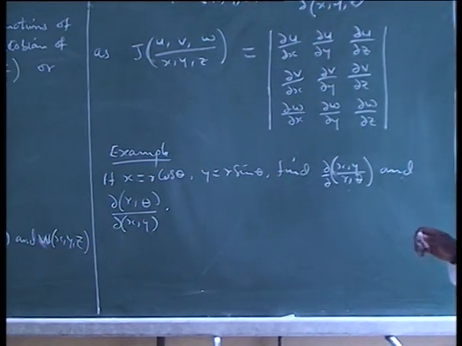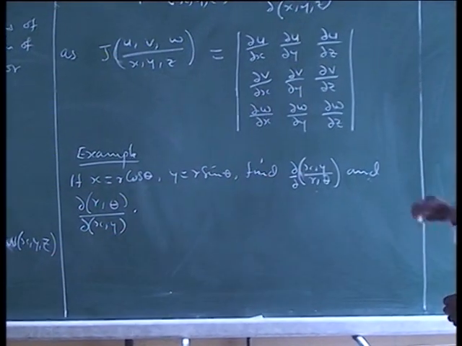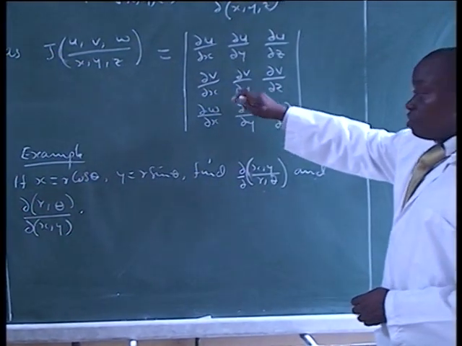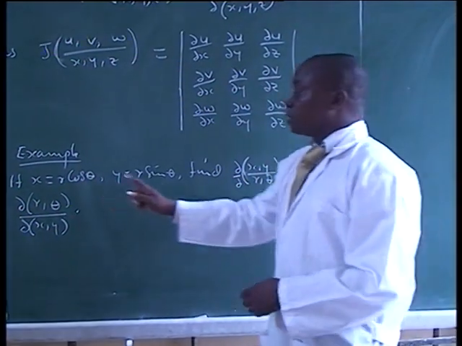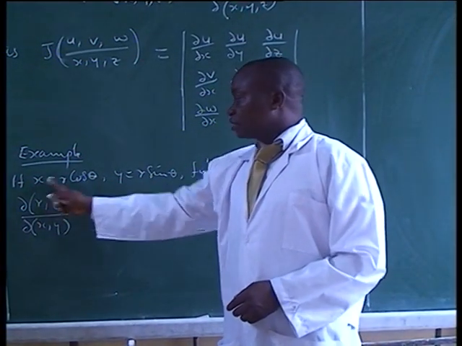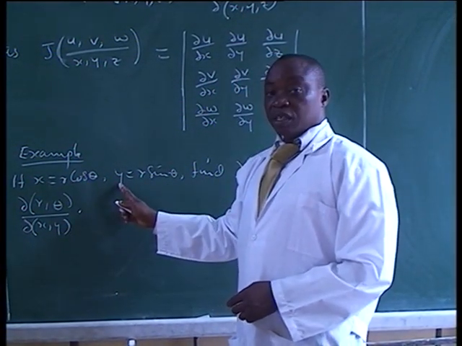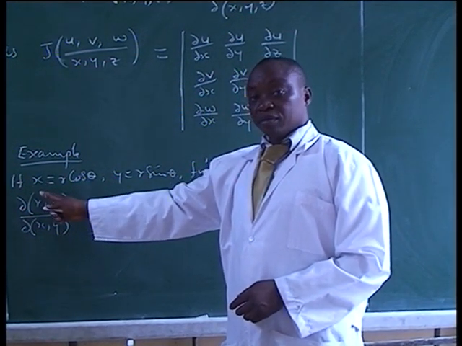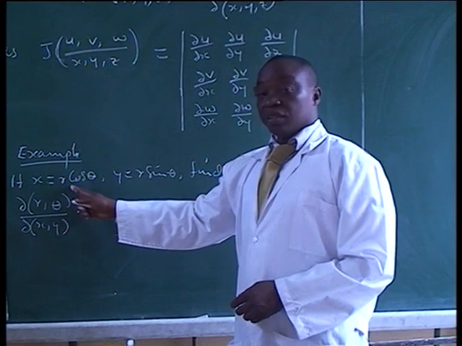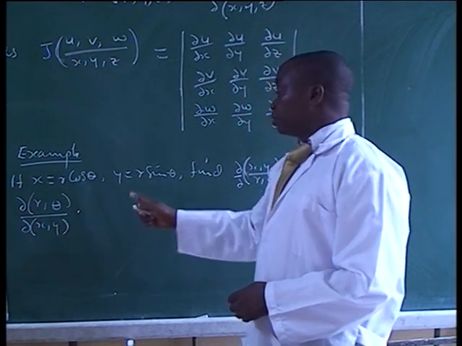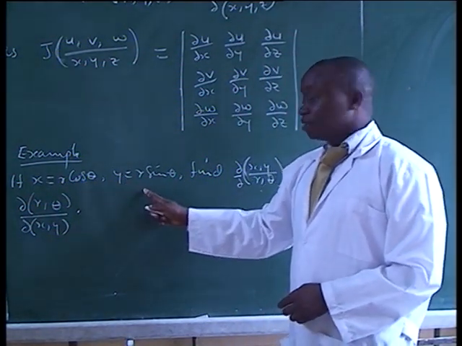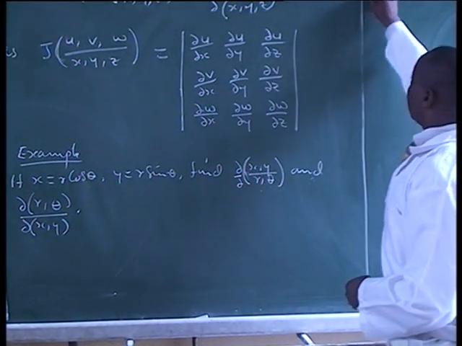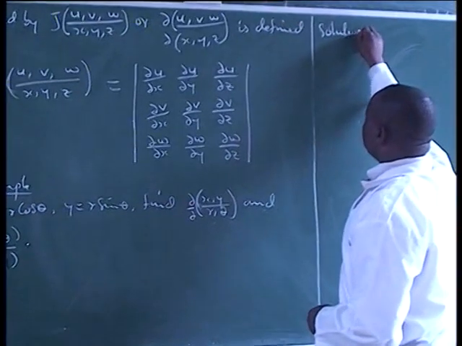Now we are going to take this example based on what we have to find the Jacobian of functions. Here we see that we have two functions x, y. Now x is a dependent variable because x depends on r and theta, so is y depending on r and theta. So we take the solution in this way.